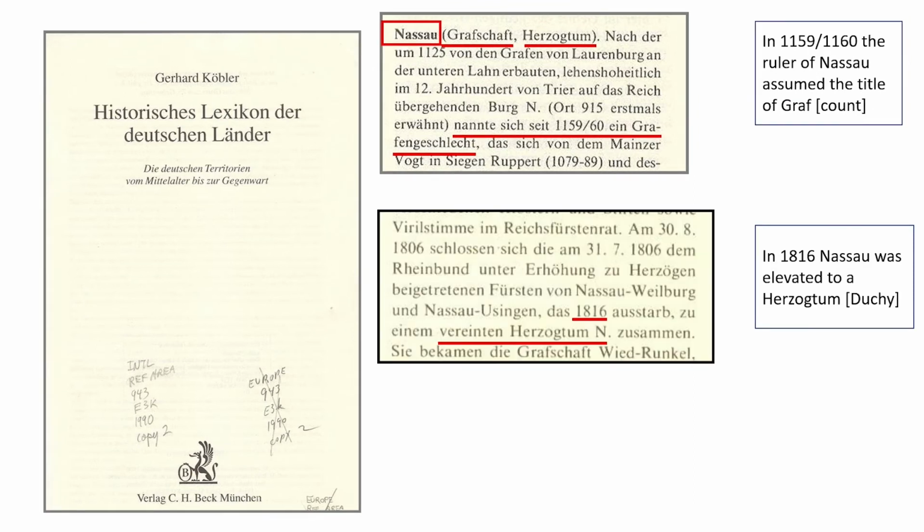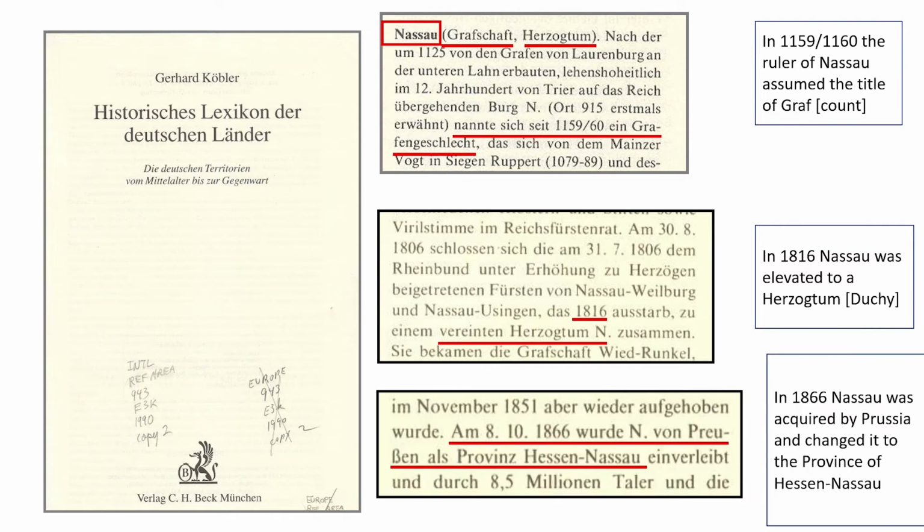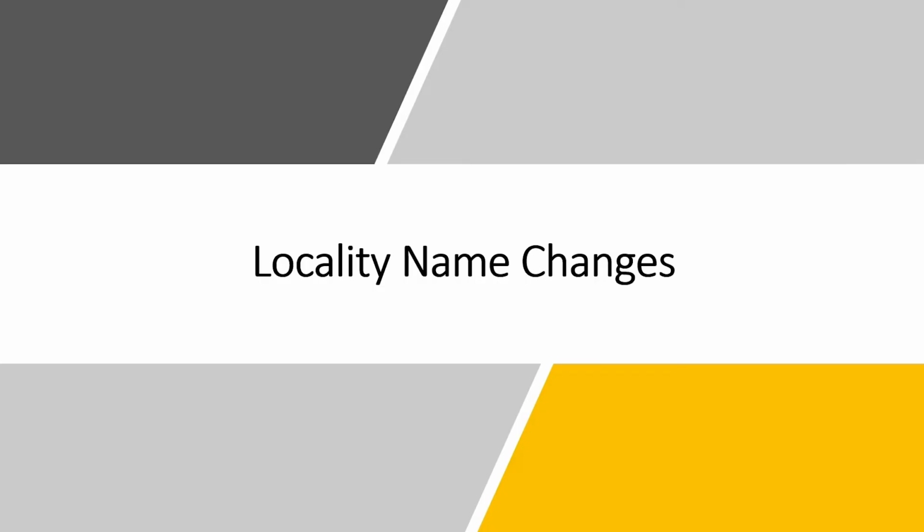It became a Herzogtum or a duchy ruled by a duke in 1816. And in 1866, it became a part of the Prussian province of Hessen-Nassau. The importance of understanding these changes will be explained in the next lecture on understanding German records and jurisdiction.